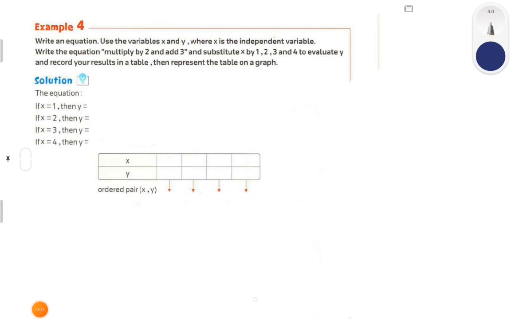Now go to example number 4. Example 4, he asked to write an equation, with x and y as the variables. x is the independent and y the dependent variable.